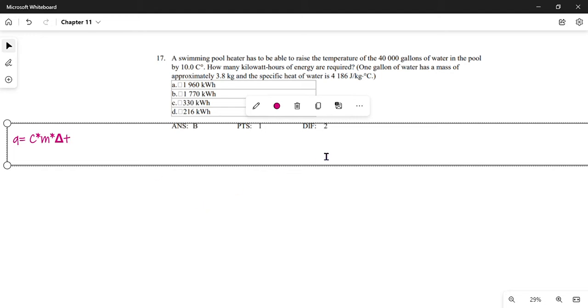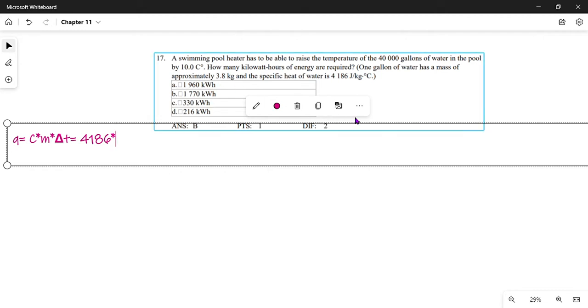Okay, the specific heat capacity here is 4186 times the mass, which is 3.8 kilogram, times the number of gallons, which is 40,000, times the change in temperature, which is 10.